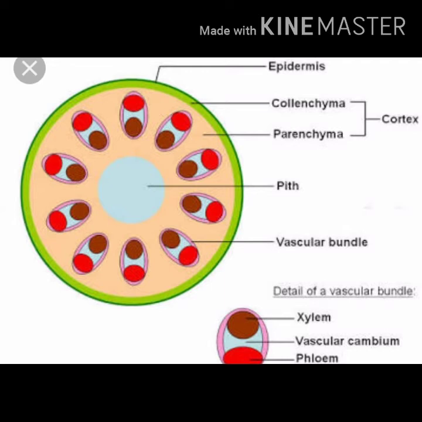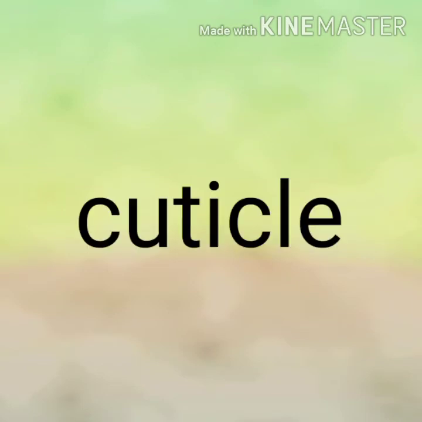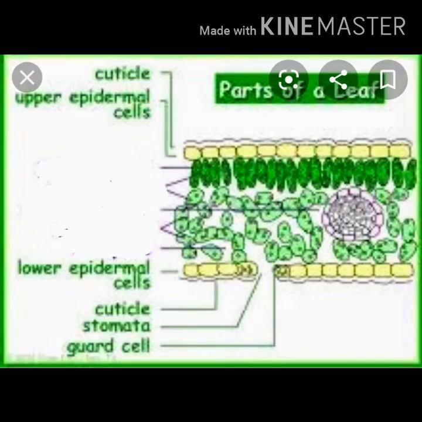The outer wall of the cell has a thin waterproof layer called cuticle. On the outermost wall we can see a waterproof layer, a waxy coating. This is what is called a cuticle. The epidermis of leaves and usually stems shows small openings for the exchange of gases and also for transpiration.